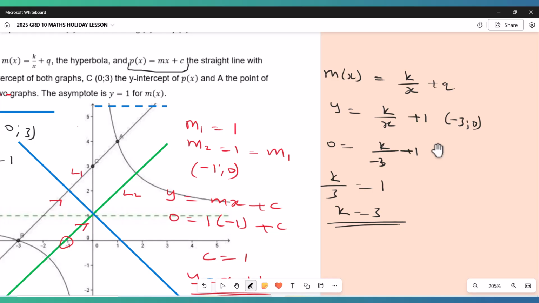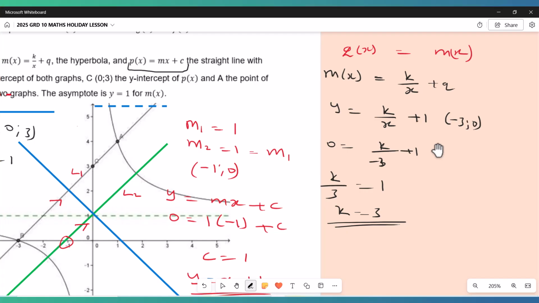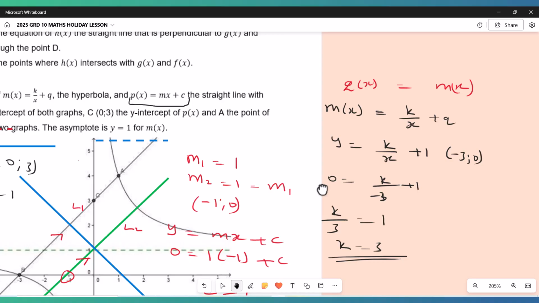So I'm going to equate the two now. I'm going to say that q of x equals m of x. I know my q of x now. It is this line here, x plus 1. That's my q of x.